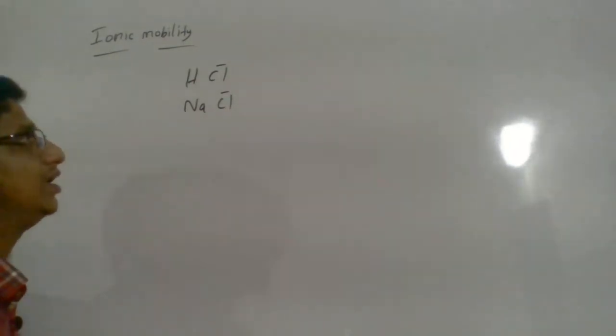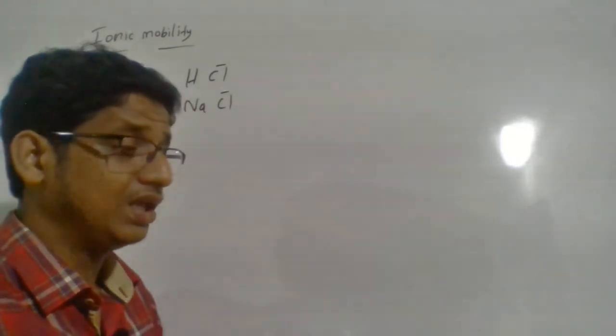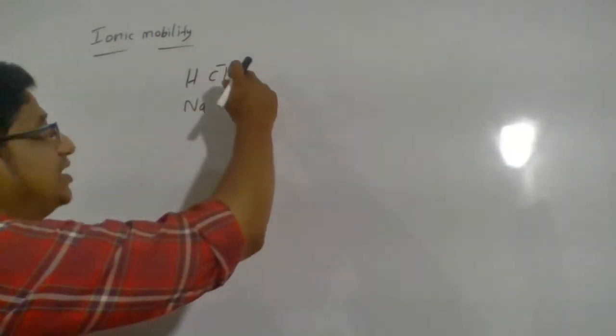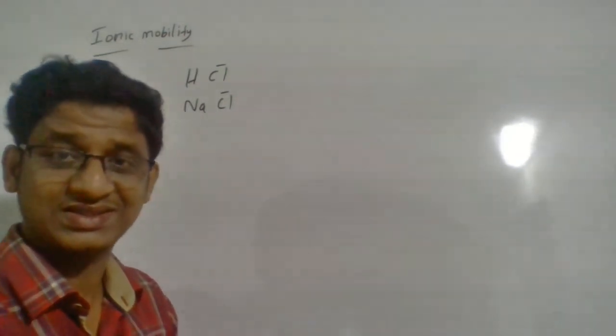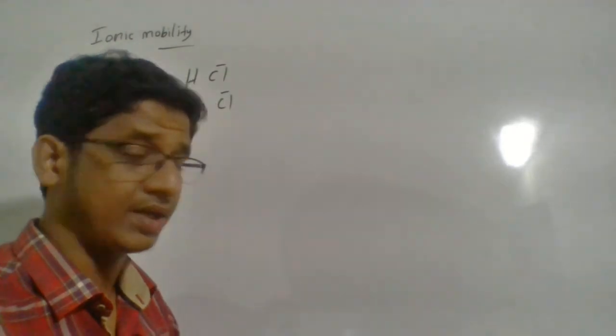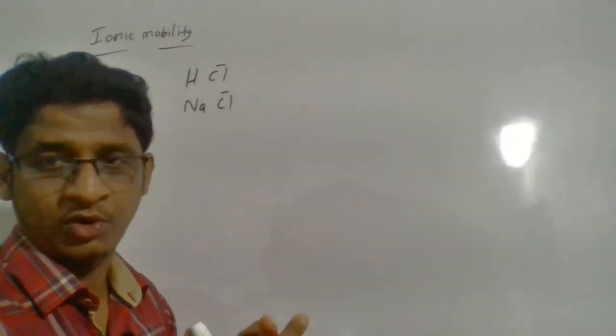So look here, even though the anions are the same and the difference is in the cation, the molar conductivity of HCl and the molar conductivity of NaCl are different at infinite dilution. So what does it suggest? That the cations and anions have different ionic mobility. Based on the ionic mobility, they have different molar conductivity.